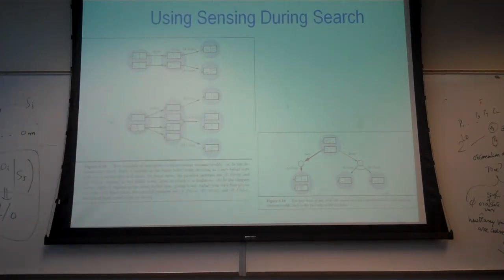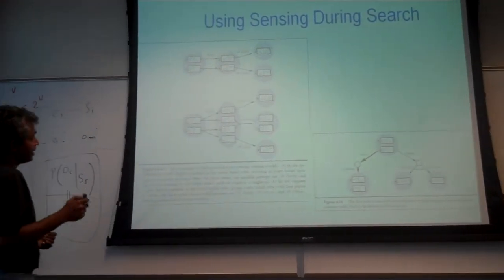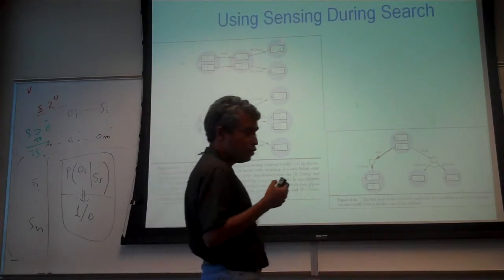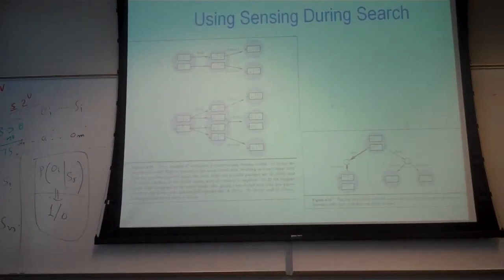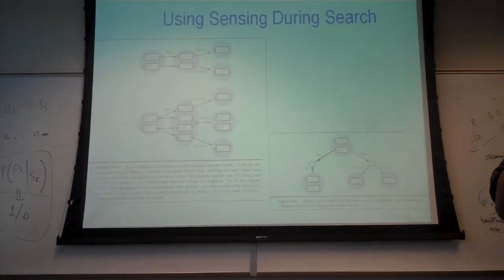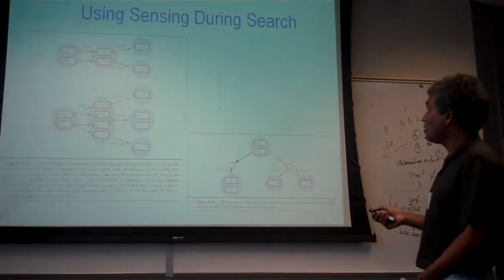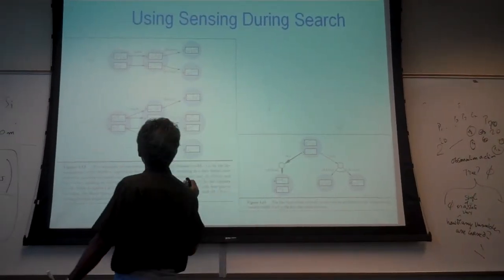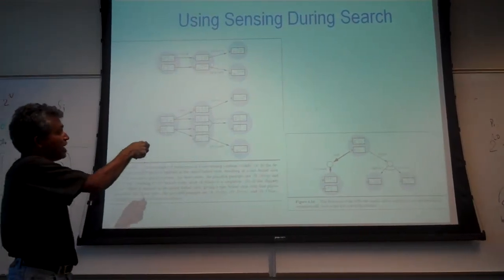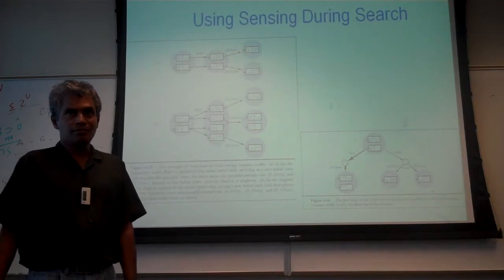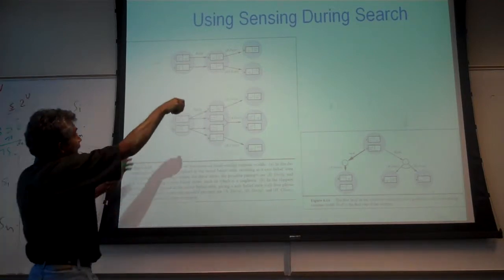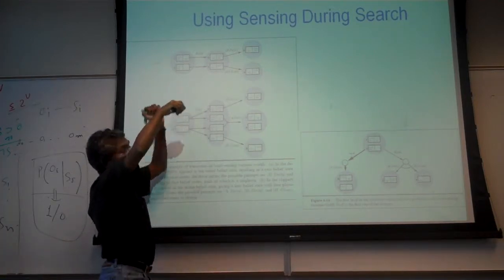And then when you are doing sensing during search, you no longer do A star search, you do an AO star search. You have to do an AND/OR graph. Because when you introduce a sensing action, for example, check whether the room is clean, then when you actually do it, it might be clean or it might be dirty.